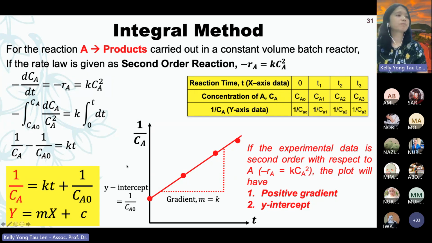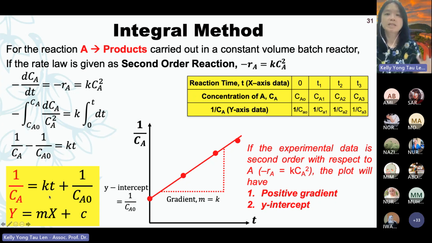And next one, dia akan ada y-intercept, which is again, naturally, kamu tengok pada equation, memang ada part yang y-intercept, sebab tu plot kamu akan ada y-intercept. So, if your reaction is second order, you plot the correct graph, your plot fulfills these two requirements, then you can finally confirm your reaction is second order with respect to A, and you can see that the value of k is equal to your gradient.